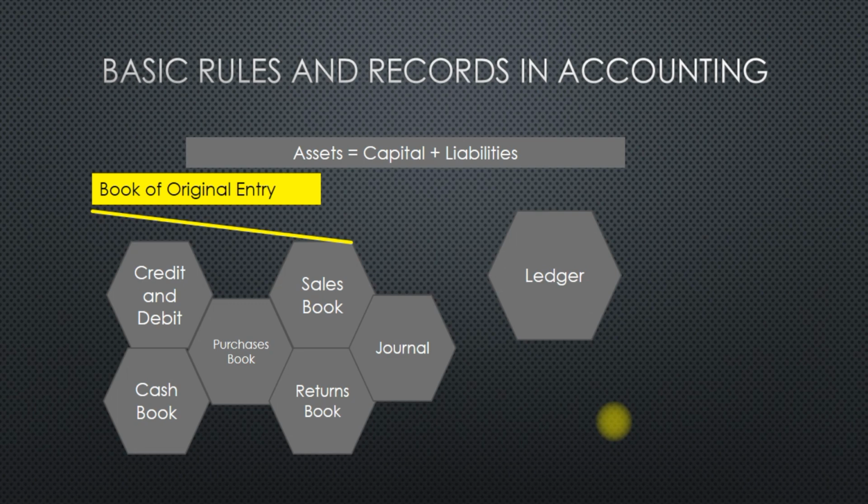Suppose in the journal, furniture account and computer account are debited with a total amount of, let's say, rupees X, and XYZ Limited is credited with the same amount. In the ledger, the furniture account and computer account will be debited and the account of XYZ will be credited by rupees X.